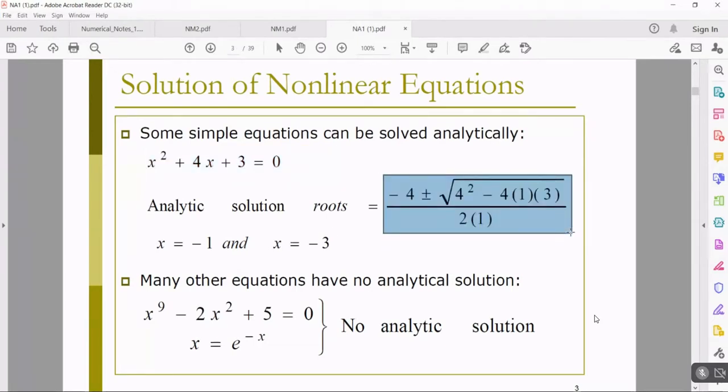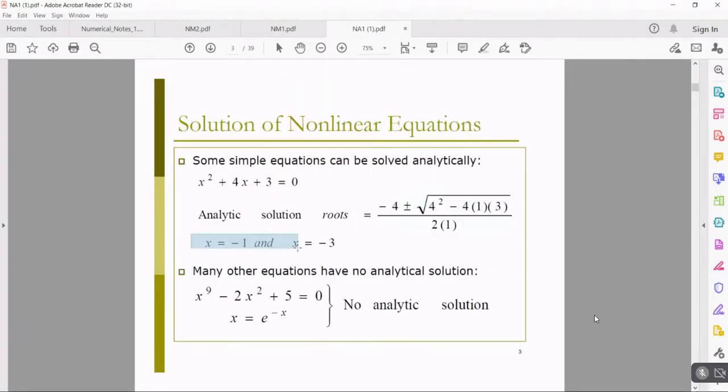This formula you have been using from your 8th standard, and you know that the solutions are x equals to minus 1 and x equals to minus 3.